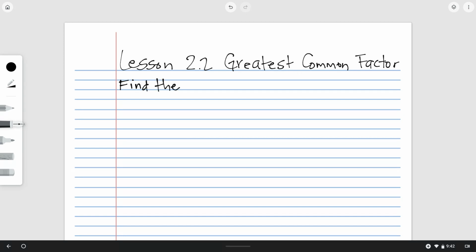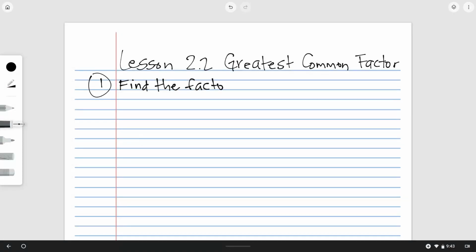Okay, so what we are going to do is find the greatest, let's actually do this. Backing it up a step. First, we're going to find the factors.